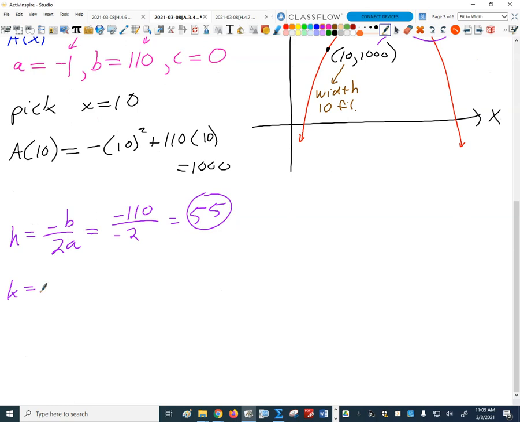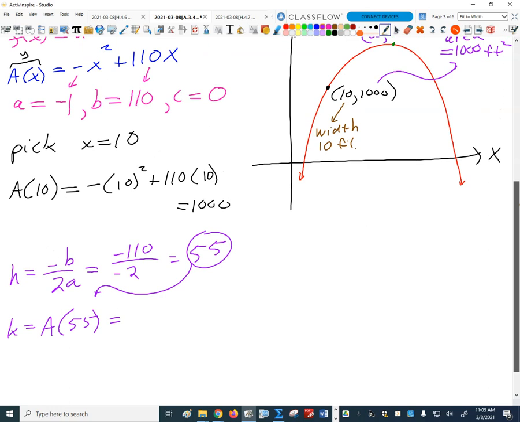So we get A of 55, which, if I look at my function up here, is going to give me negative whatever my input is squared, well, that's negative 55 squared, plus 110 times my input of 55.